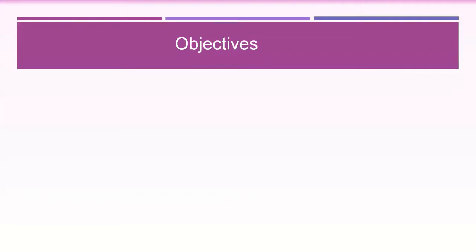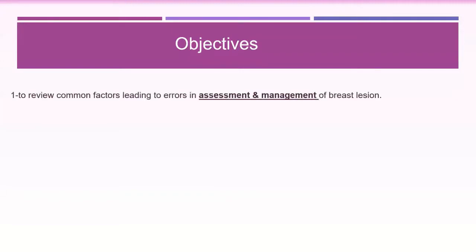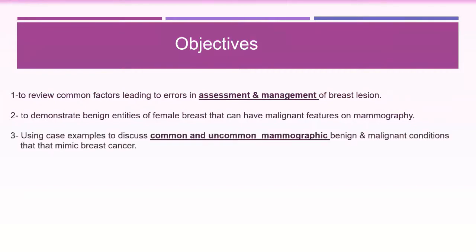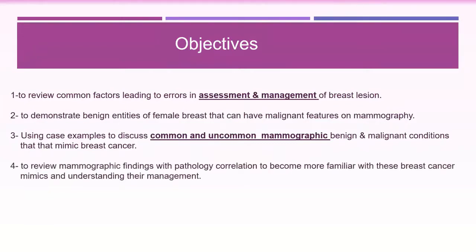Our objective for these sessions is to review common factors leading to error in assessment and management of breast lesions, to demonstrate benign entities of the female breast that can have malignant features on mammography, using case examples to discuss common and uncommon mammographic benign and malignant conditions that mimic breast cancers, and to review mammographic findings with pathology correlation to become more familiar with these breast cancer mimics and understand their management.